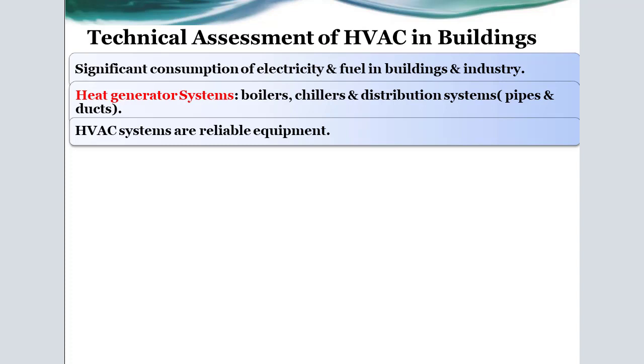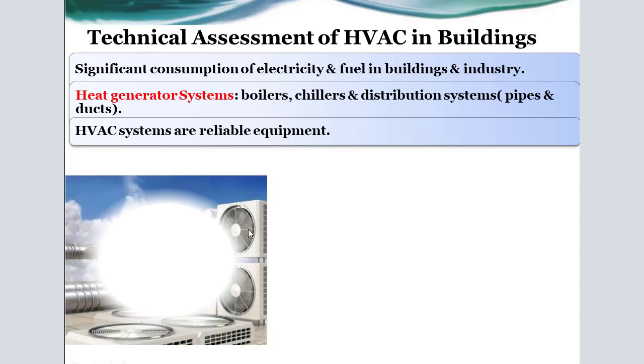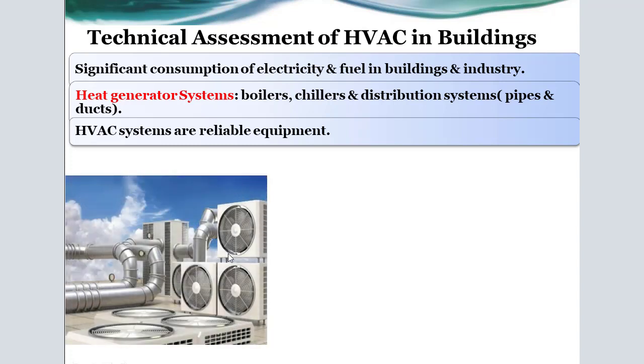So heating and ventilating systems of the modern type are the most reliable equipment and have different features that are currently used. As we see in this picture, we have new equipment used for supplying the required heating, ventilating or air conditioning in commercial or industrial buildings.